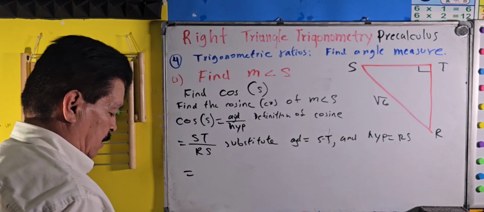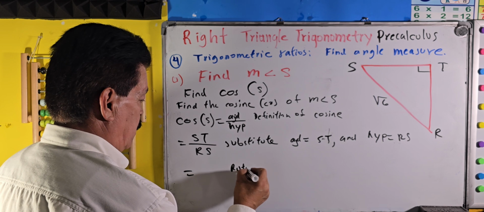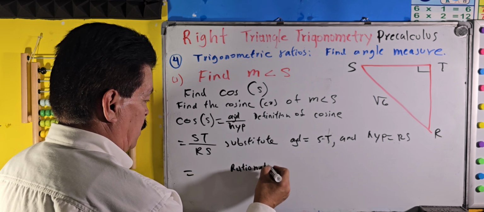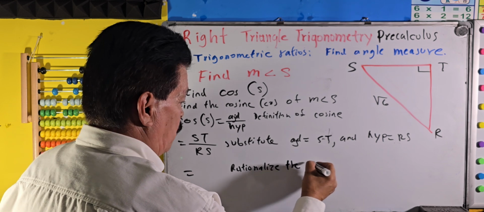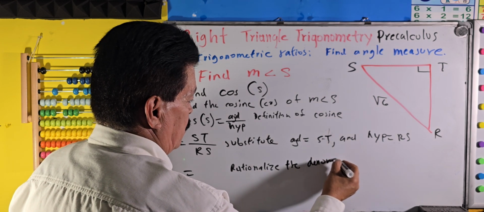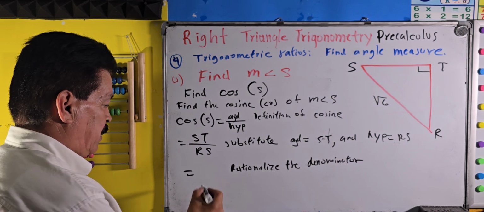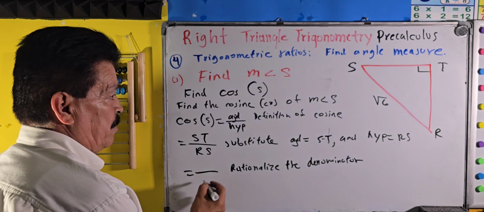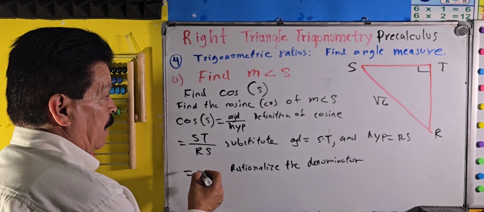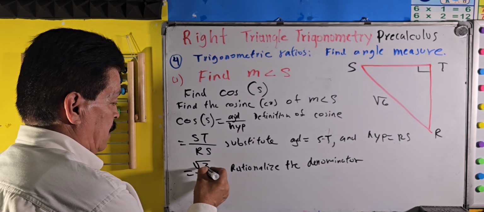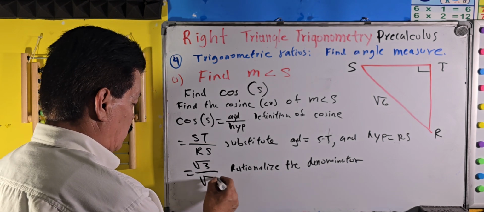So now we rationalize the denominator. This is the step. So here, if we rationalize the denominator, here we will have square root 3 divided by square root 6.